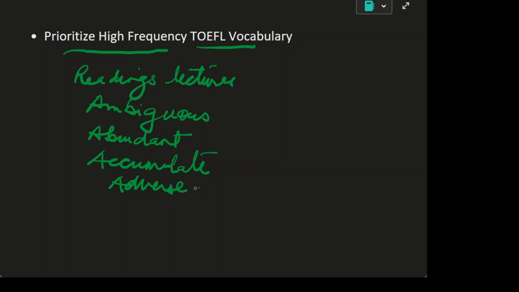So what you need to do is make a study plan, and in that you need to include the academic word list, which is also known as AWL. Okay, so you need to focus on word types such as analyze, significant, and hypothesis.